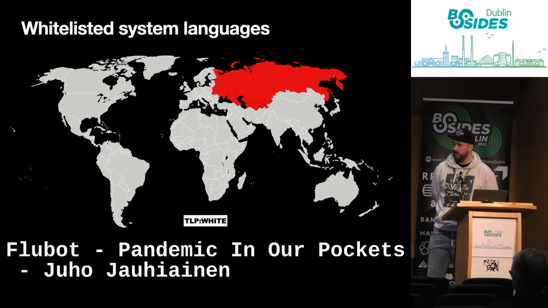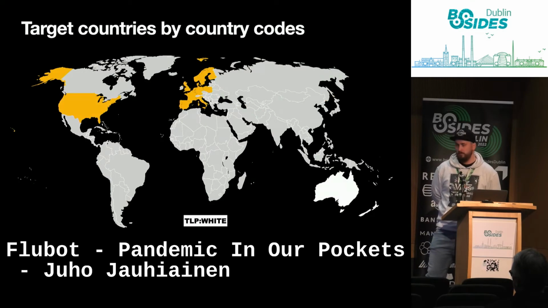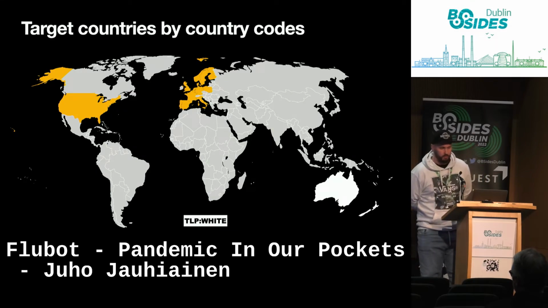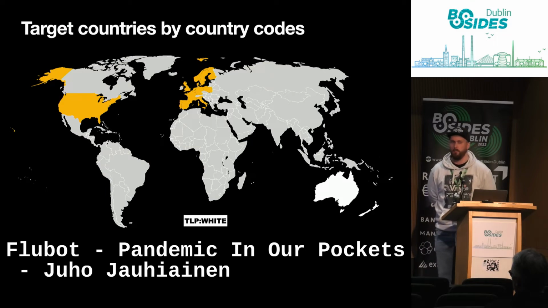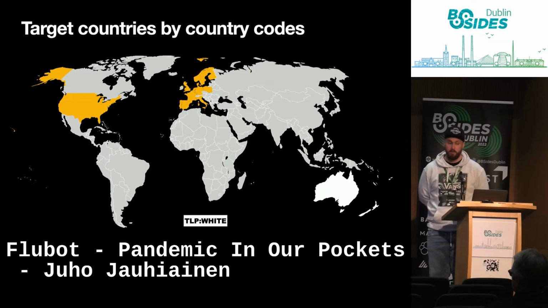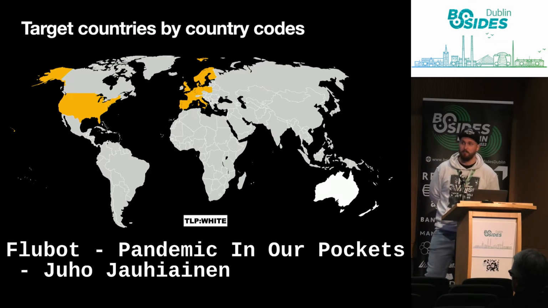So which countries are they targeting? A lot of Western countries. I also know that there have been campaigns in Australia and New Zealand, and also in Ireland. But I haven't seen samples myself that use, for example, the country codes of these countries.